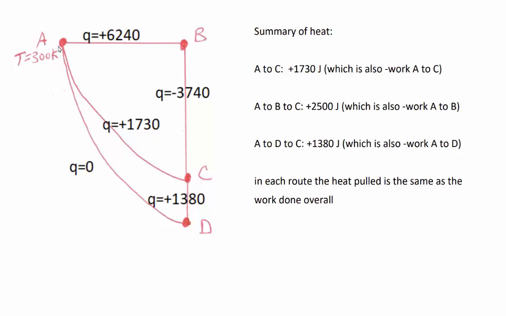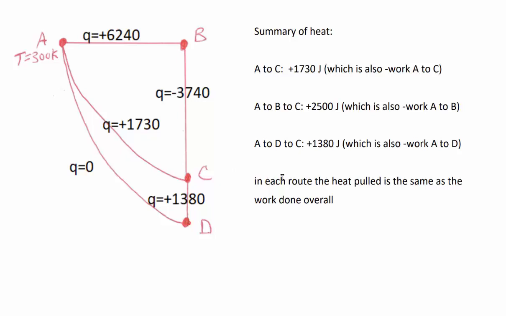Now, if we go through D, the first step, the adiabatic transition, doesn't involve any heat. And going from D to C is where we pick up that 1380 heat. And the final route, if we go through B to get to C, we initially have to suck in over 6,000 joules of heat, and then we release some of that back when we cool it back down to 300 Kelvin.